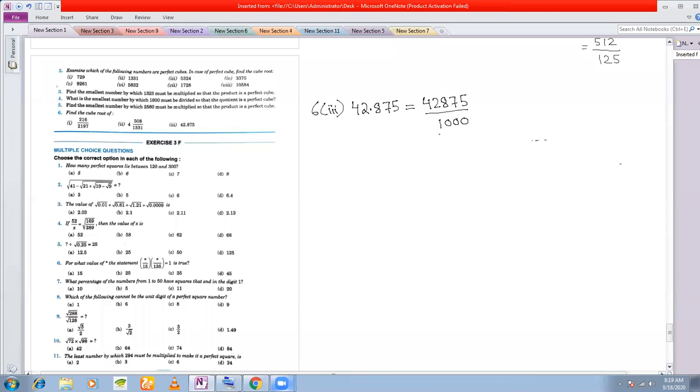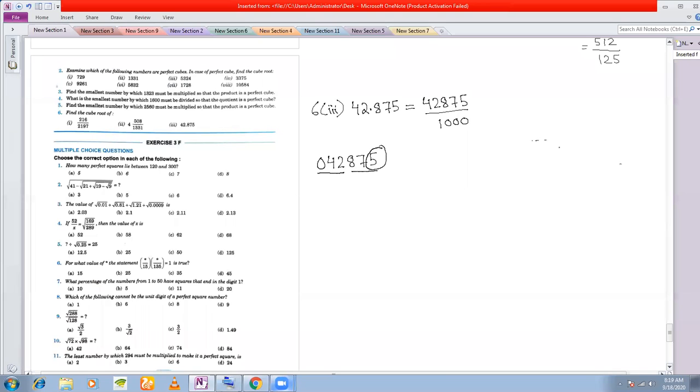You can use your prime factorization method as I did earlier, or you can use your approximation method. Since this is a 5-digit number, let us use our approximation method. 42875, group them in threes. Now we have the units digit 5 here.